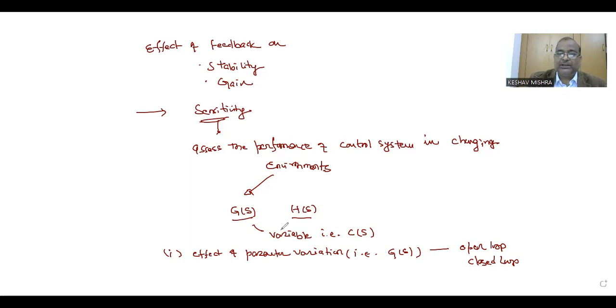This may cause the changes in variables, say for example, in output. So we will find out the effect of parameter variations in forward path transfer function, considering open loop and closed loop. And finally, we will find the sensitivity.